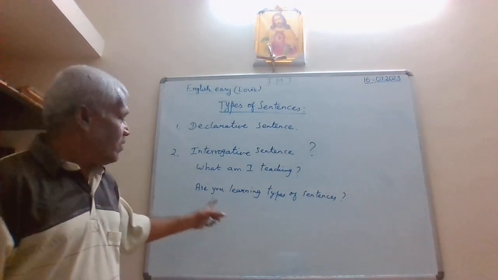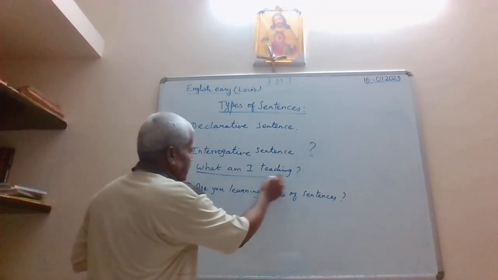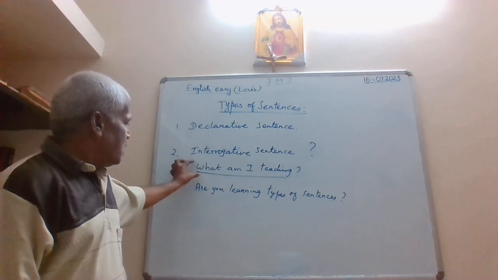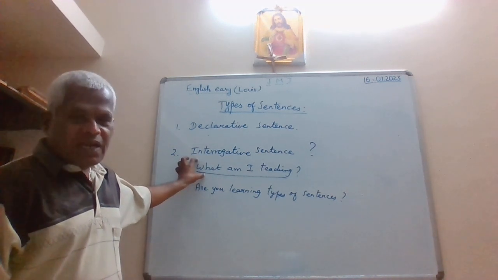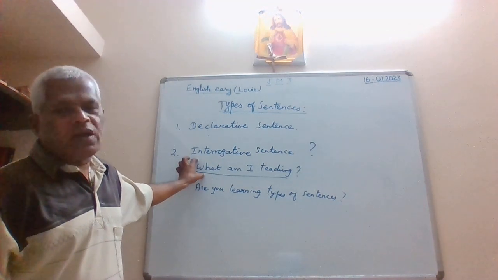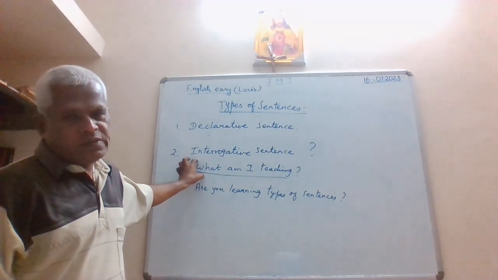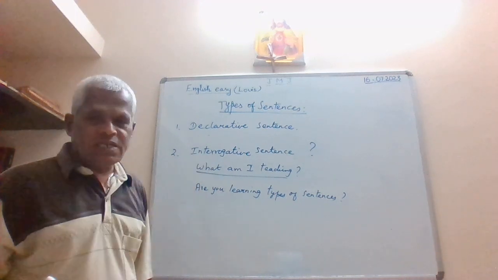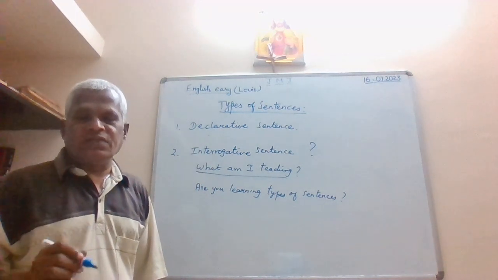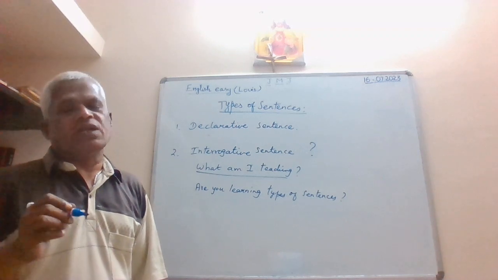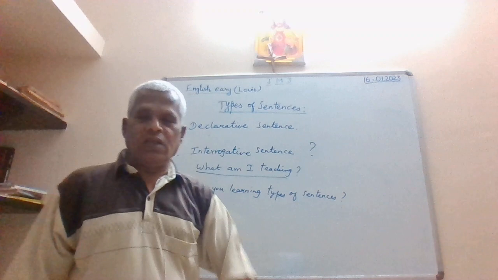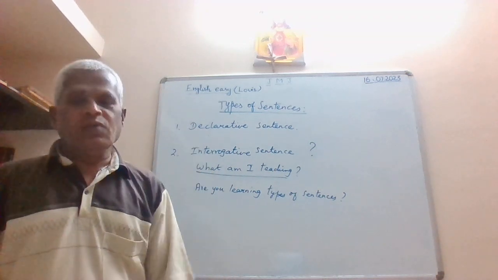Now you can easily identify the first sentence here. What am I teaching? The sentence begins with the question word what. So remember, one type of interrogative sentence is the sentence that begins with a WH question word. Do you know all the question words that begin with W?